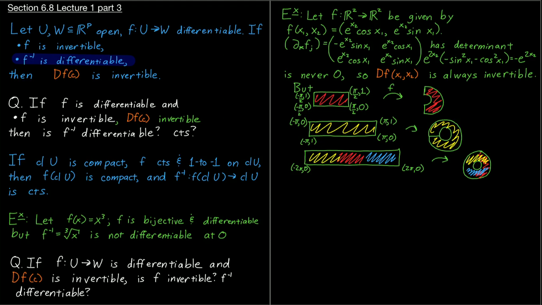So we have that even if the derivative is invertible, we can fail to be bijective on large domains.